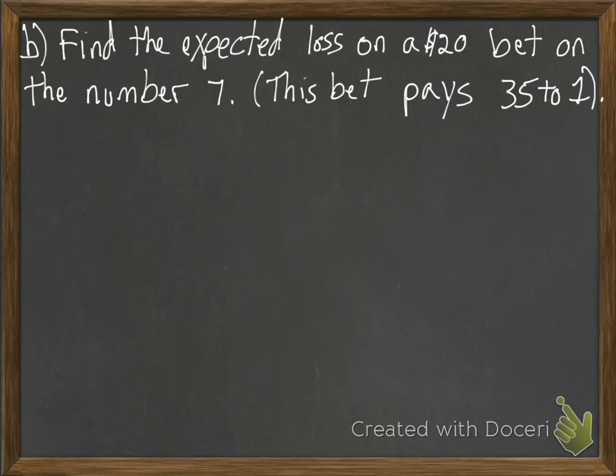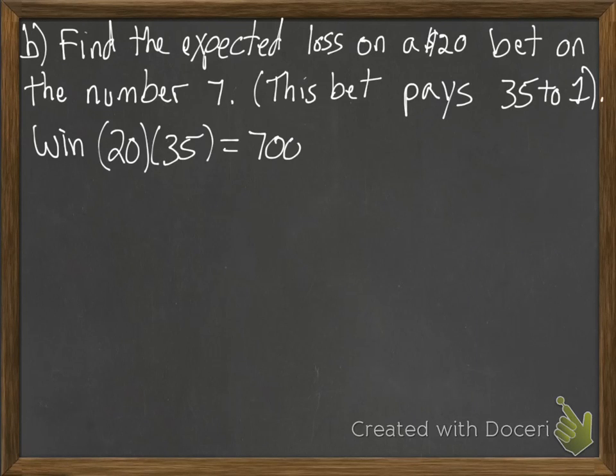So if we do get lucky and win in this game, where we're betting $20 on the number 7, we're going to get $20 times 35, or a whopping $700 just for betting $20. You could win 700 bucks.